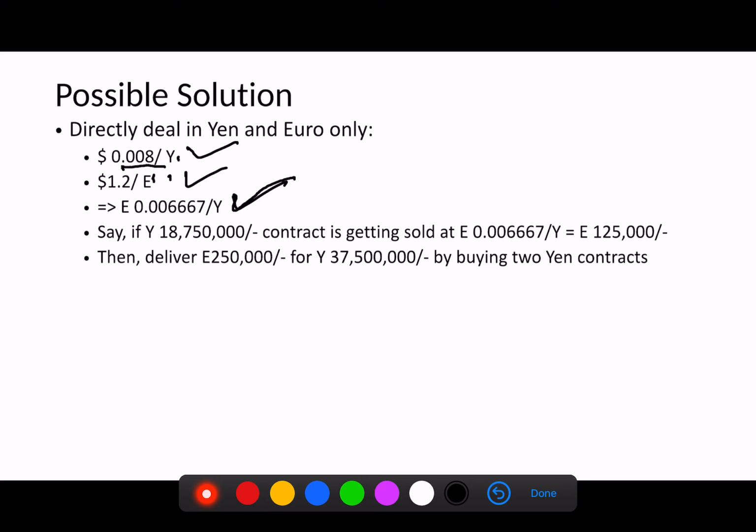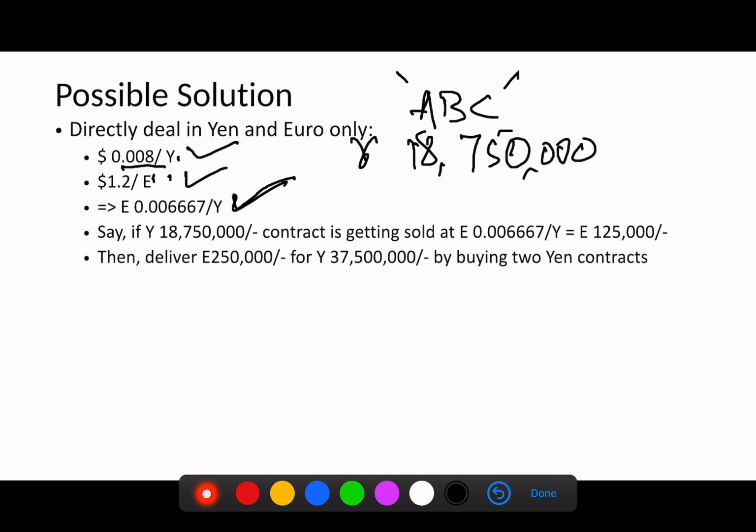Now, if you are able to find some exchange, say give it the name ABC exchange, and on this ABC exchange, the contract size which covers the Japanese yen is rather 12,500,000 Japanese yen.